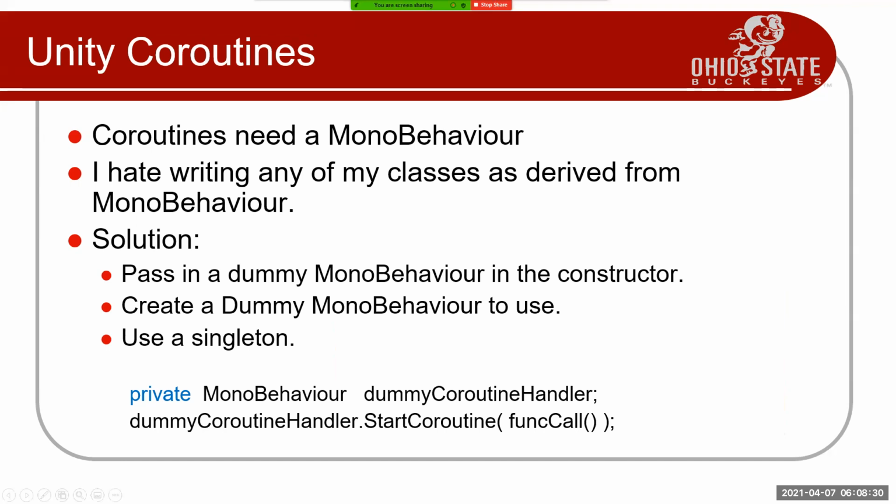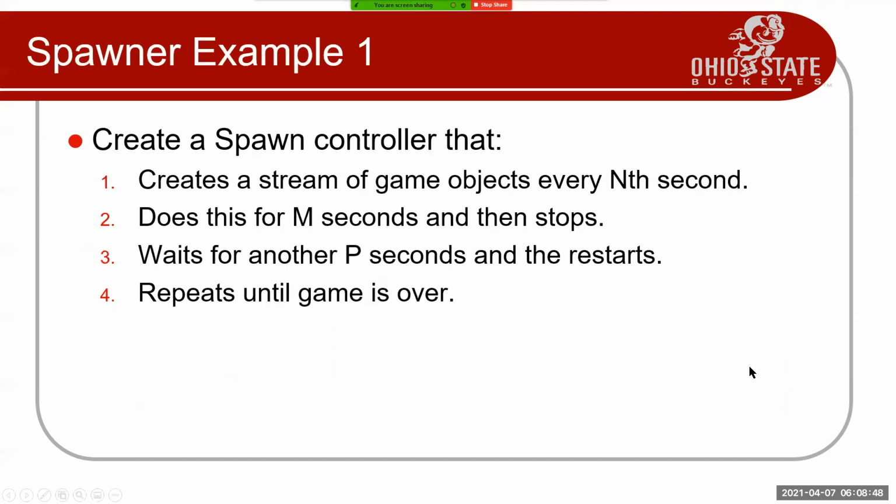So in this case, I have some local field that's a dummy coroutine handler, and rather than this.StartCoroutine, I'll have dummyCoroutineHandler.StartCoroutine, and I'll pass in my IEnumerator. By the way, I always type IEnumerable and it's IEnumerator, and you'll get those kind of funky errors. So really, that's all I have to talk about on coroutines.